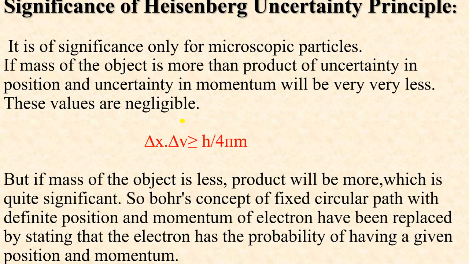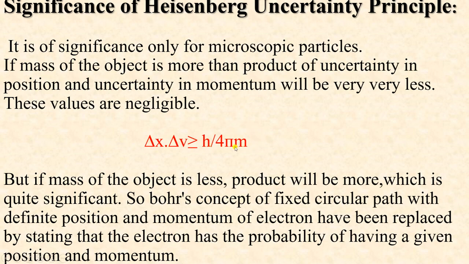Now the significance of Heisenberg uncertainty principle is that it is significant only for microscopic particles. If mass is more, then the wave associated with the object will be very short. So this is the formula: delta x into delta V greater than or equal to h upon 4 pi m.